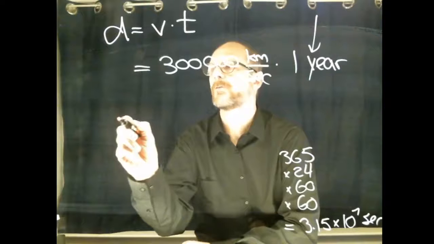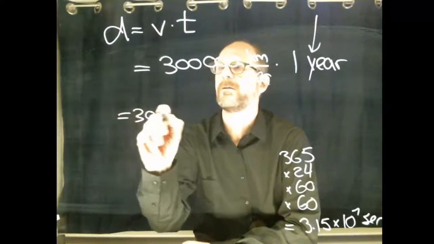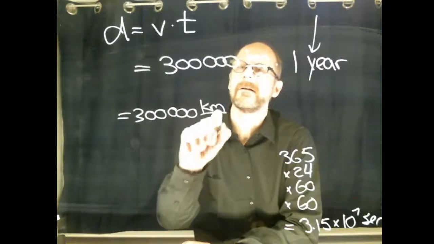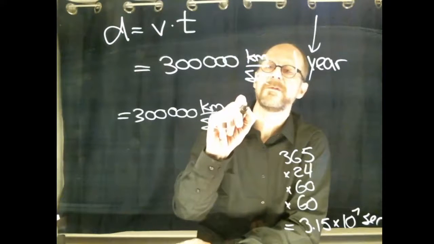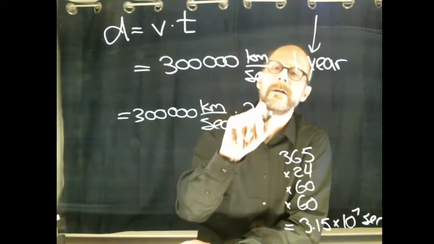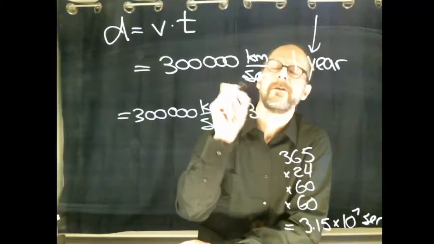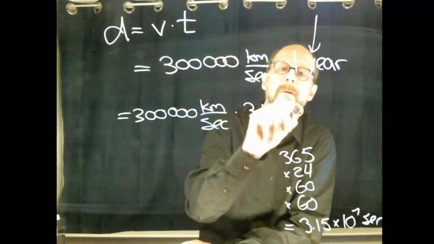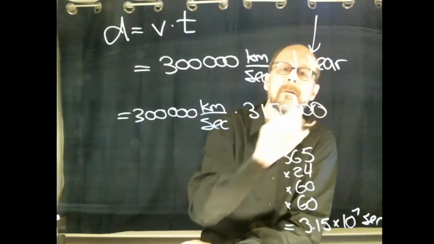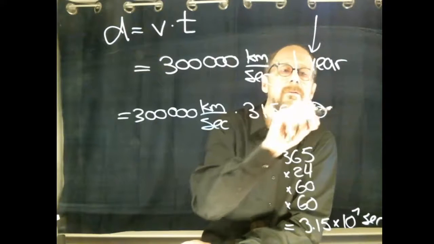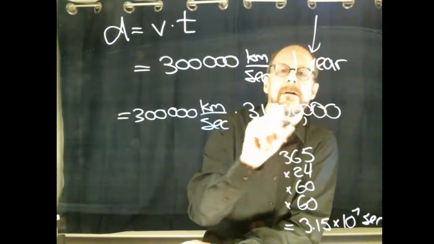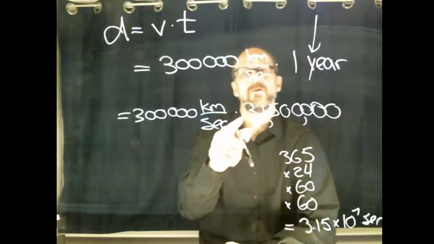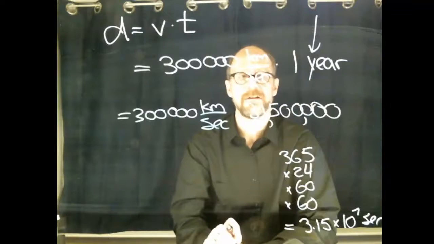So I'll go ahead and write it this way up here. So 300,000 kilometers per second times 31.5 million seconds, 31,500,000 seconds.